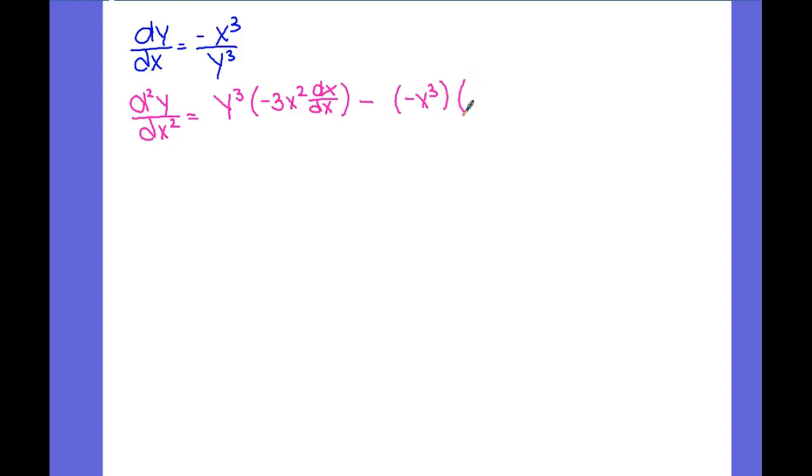So derivative of y cubed is 3y squared. Again, we took the derivative of y with respect to x, so it's dy/dx. All over denominator squared.